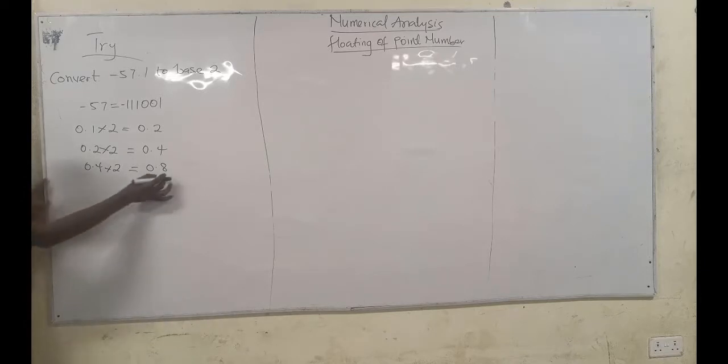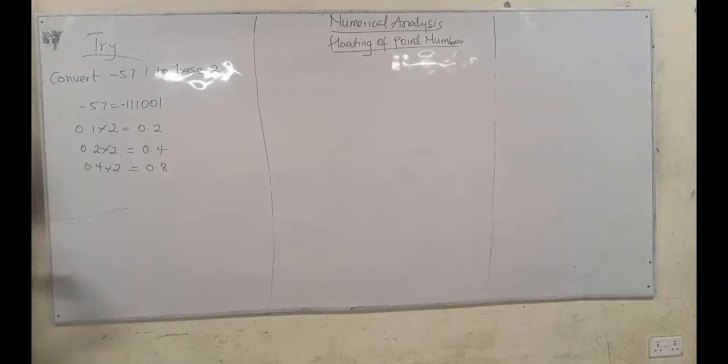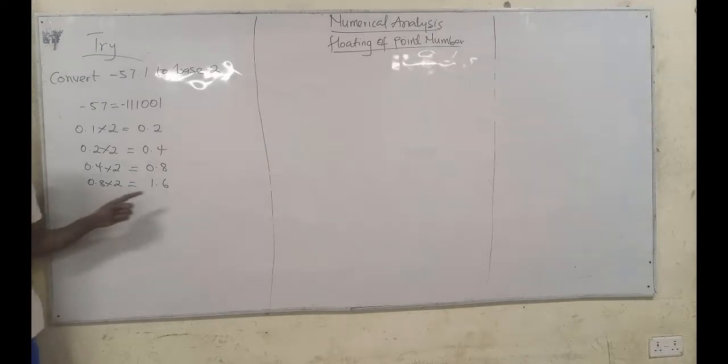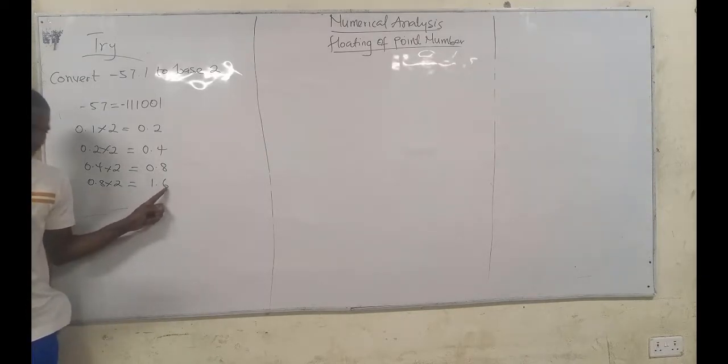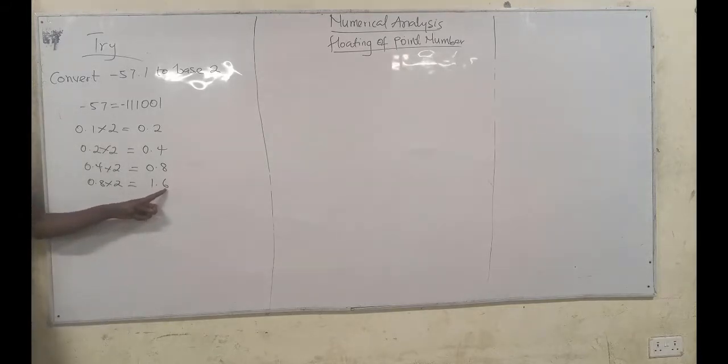So we are here at 0.8. This 0.8 is still not in base 2. So we continue again. Multiply the 0.8 by 2. When you multiply, you get 1.6. Are you okay? We are not interested in the number before the decimal point, we are interested in what is after it. The number is 0.6, and that is also not in base 2.